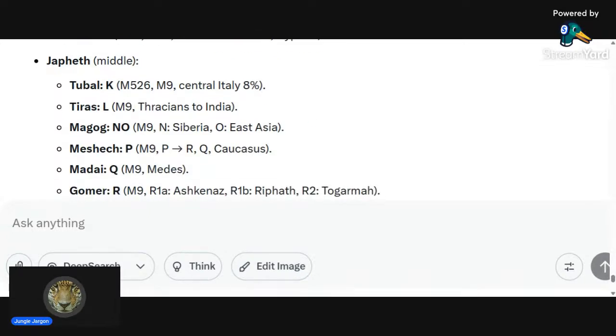Okay, Tubal has the IJK marker and the M9. Thracians have the M9. Magog, M9. Meshach, M9. PQR, Q. There's a means in the Caucasus.